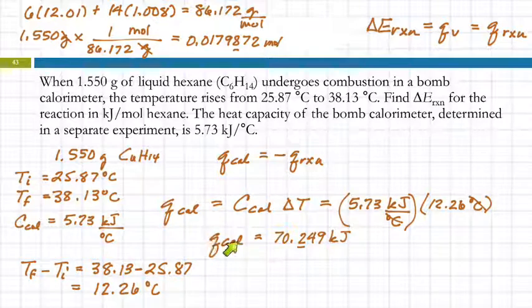So Q-cal is this many kilojoules. That means that the calorimeter absorbed that many kilojoules. What is Q for the reaction? Negative the same number, right? So that's equal to negative Q for the reaction.